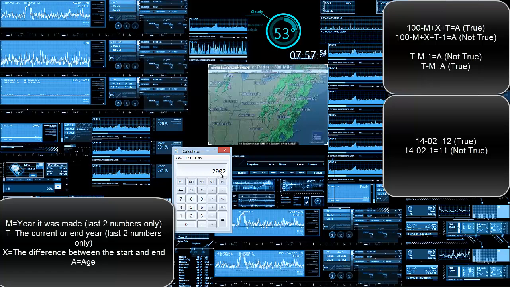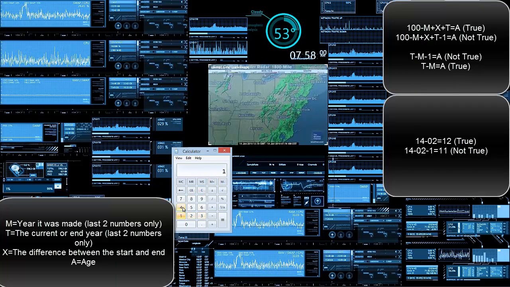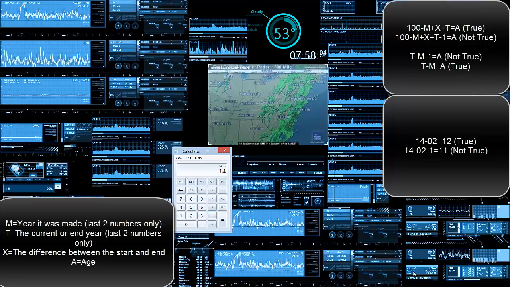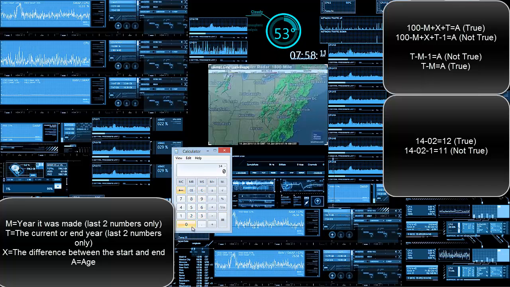Anything on the left side, has it changed? No. So the second example will come into play. What you do is minus the current year, or whatever end year you're looking at. So 2014 minus 2 or 02. It'll still give you the same answer as you see here.